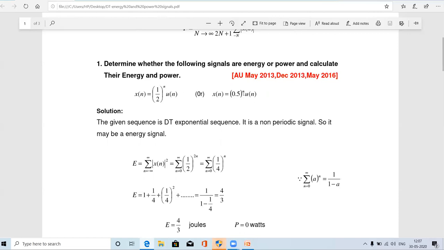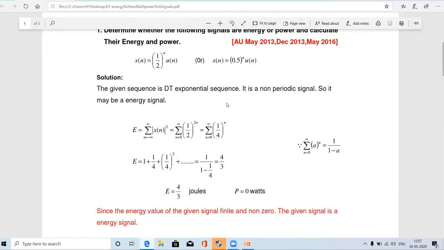So the given sequence is a discrete time exponential sequence. The exponential sequence is not periodic, since the values are not repeating; the amplitude of the exponential signal is decreasing. So there is a possibility that the signal may be an energy signal.